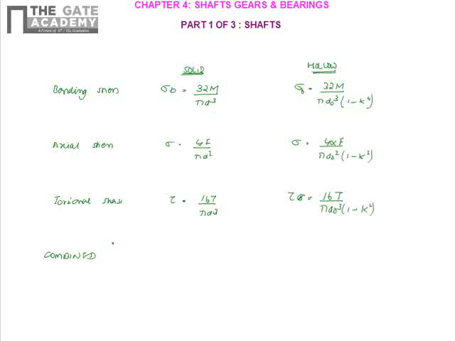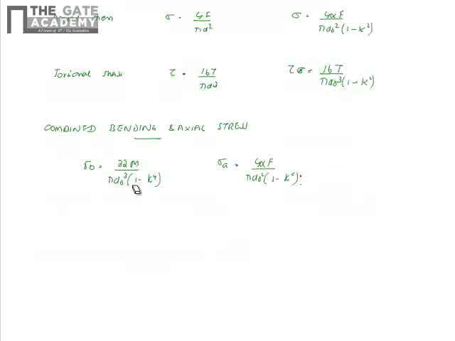that is combined bending and axial stress. So in combined axial and bending stress, the bending stress is given by 32 M by pi do cube into 1 minus k raised to 4, whereas axial stress is given by 4 alpha F by pi do square into 1 minus k square, where alpha is the column action factor.